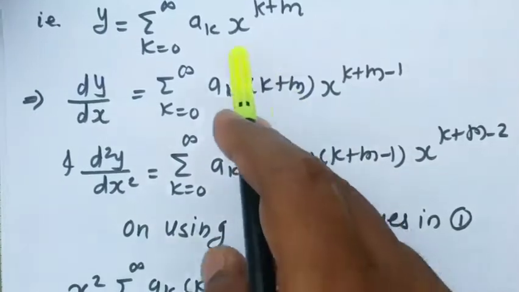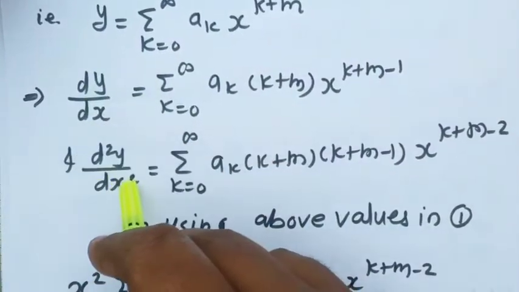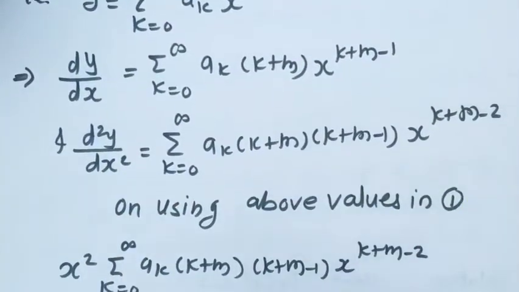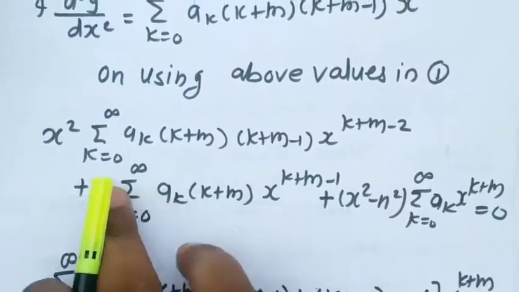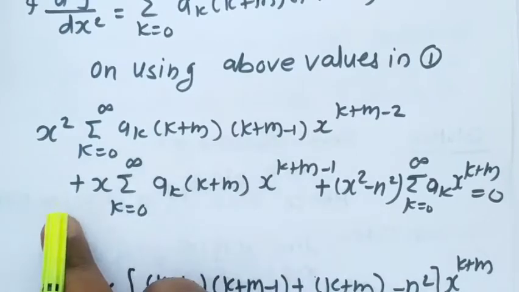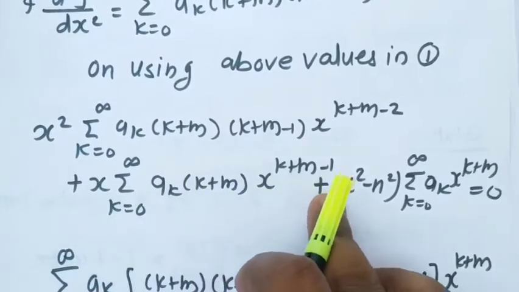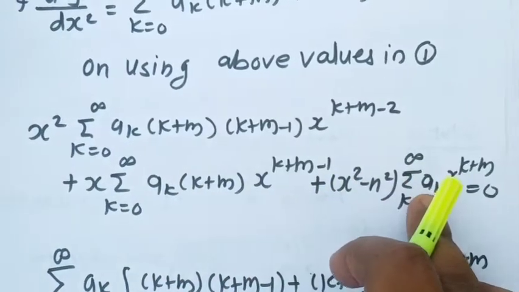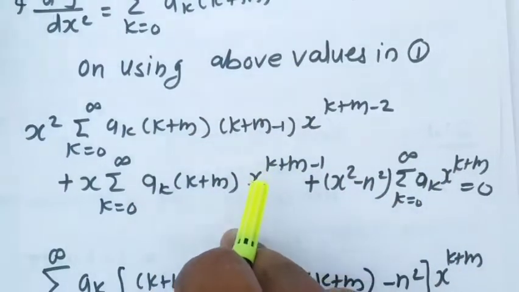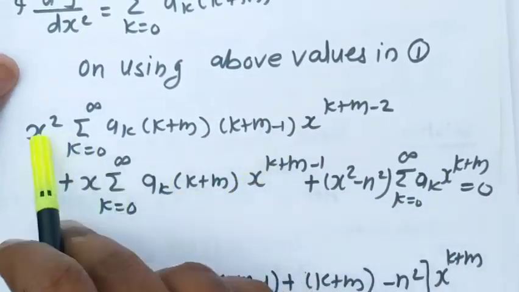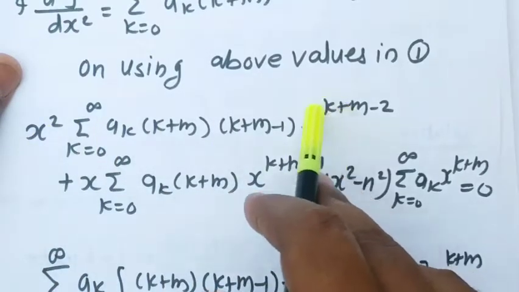On using these three values, y, dy by dx and d2y by dx square, in equation 1, the given equation, we'll get this series: x square into d2y by dx square value plus x into dy by dx value plus x square minus n square into the value of y. So these three values I have substituted here. Now if you see this series, if you multiply x square inside, we'll get here x raised to k plus m.